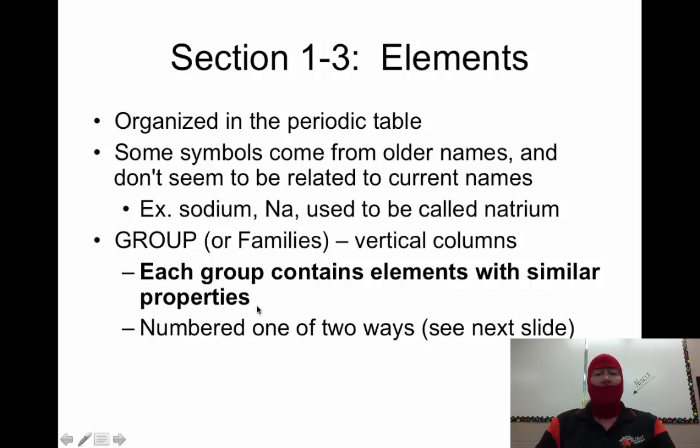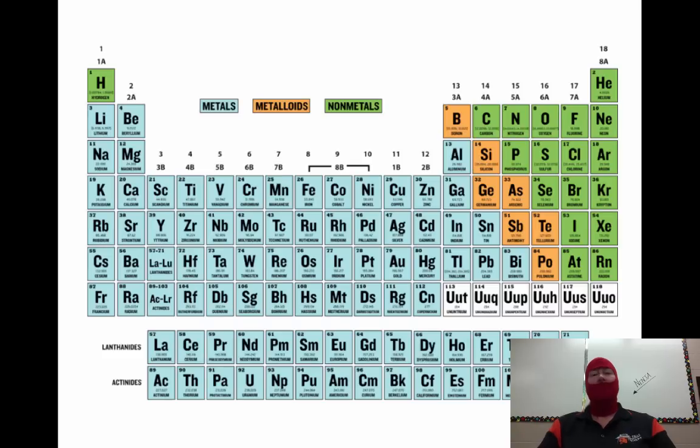Also, when you look at the periodic table, you'll see that it's numbered one of two ways. You see the groups labeled across the top 1 through 18, and then you see another numbering scheme. Sometimes this will be in Roman numerals, like a Roman numeral 1 or Roman numeral 2, but groups 1 and 2 are part of a group with this set of elements right here.